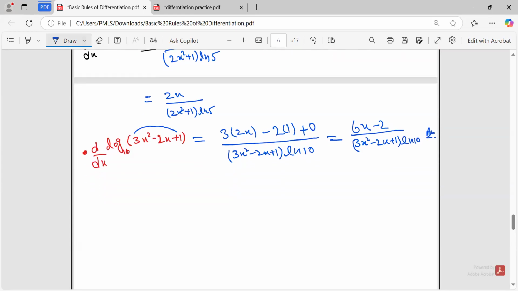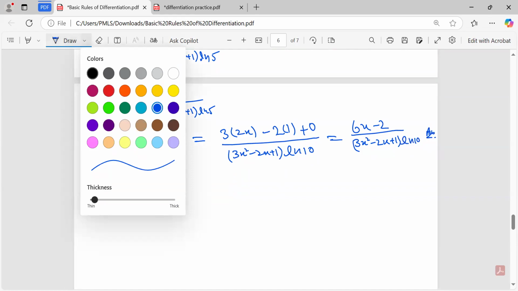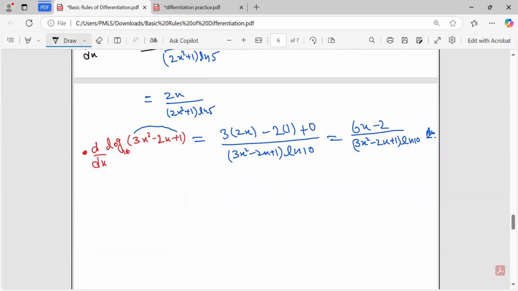Now, this is about common log and other bases, not e. But if we have a natural logarithmic function, ln of, let's say, 3x² plus 1, what will be the derivative of this one?